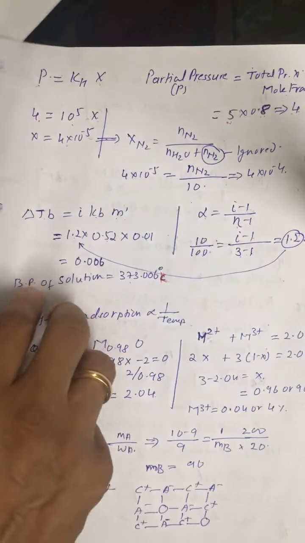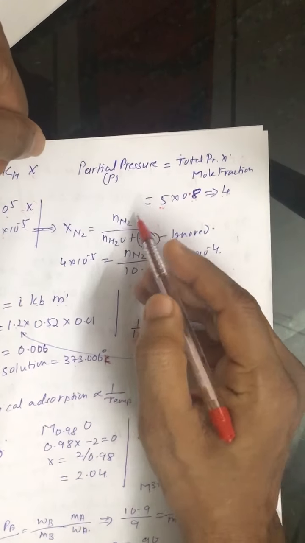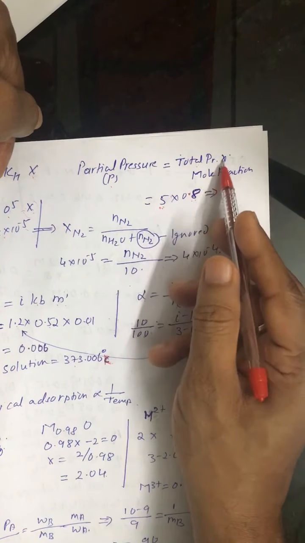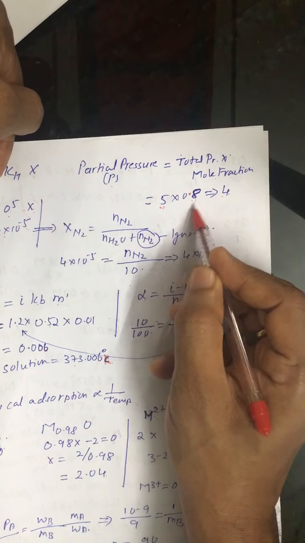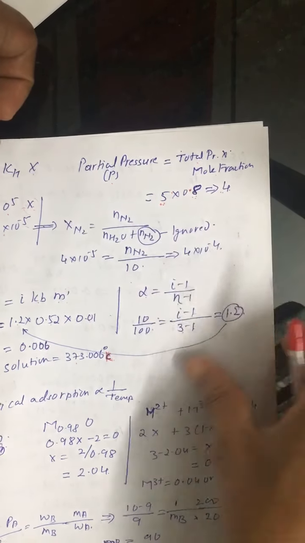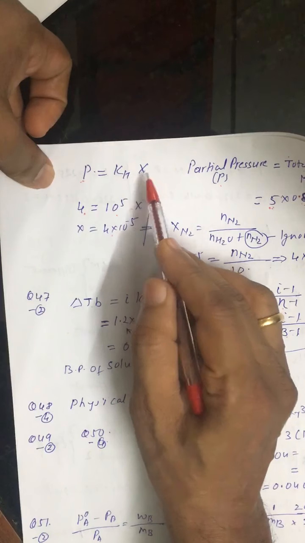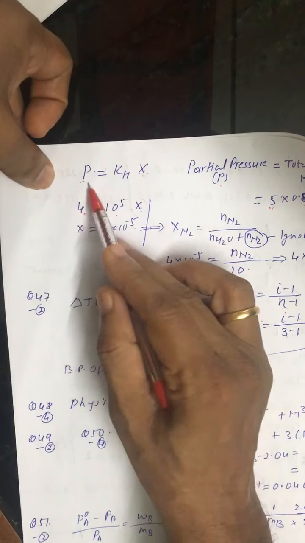So to calculate the partial pressure of nitrogen, partial pressure equals total pressure, 5 atmosphere, times mole fraction 0.8, so it is 4. Now from Henry's law, we have P equal to Kh into X, where P is the partial pressure of nitrogen.